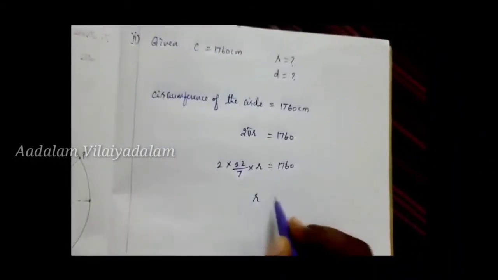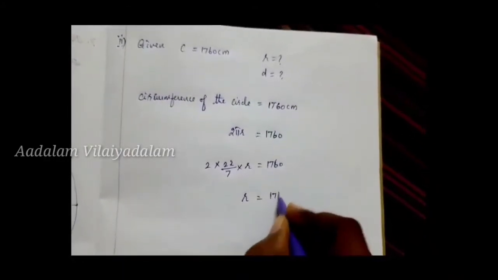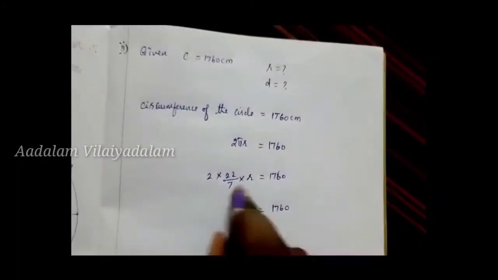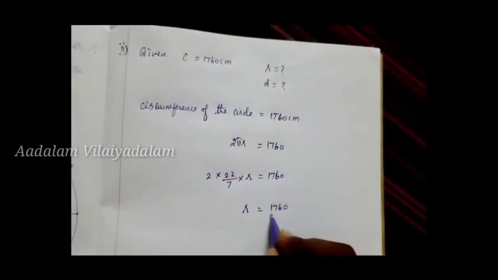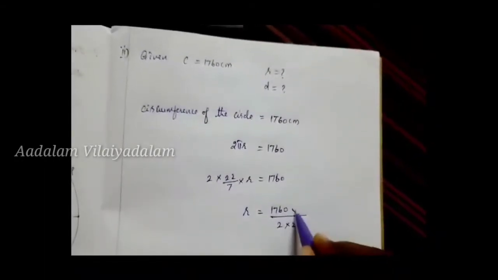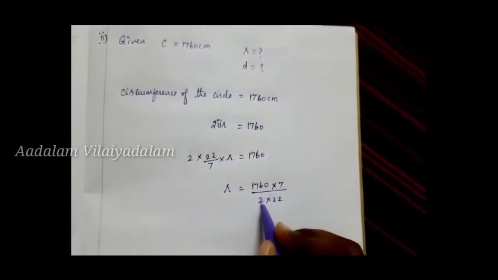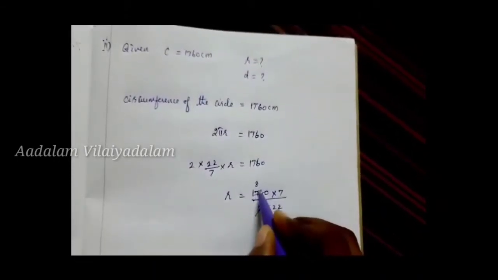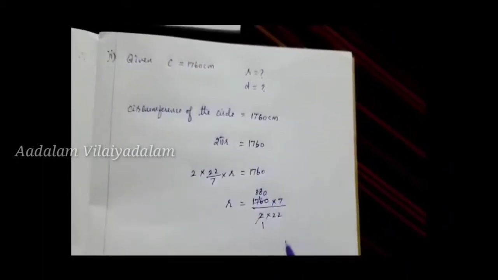Now keep the unknown value on the left side and take the remaining values to the other side. Then the values become numerator and denominator. Then we get 2 into 22, and the denominator becomes a numerator, that is 7. Now we can cancel using the 2 table. 8 2s are 16, carry the remaining, then the remaining 0 will come here.